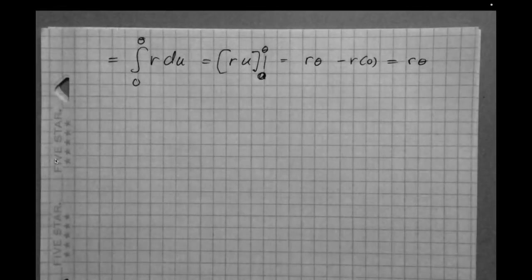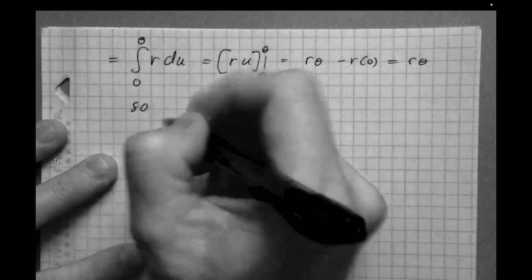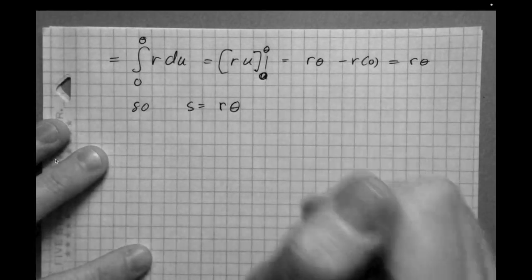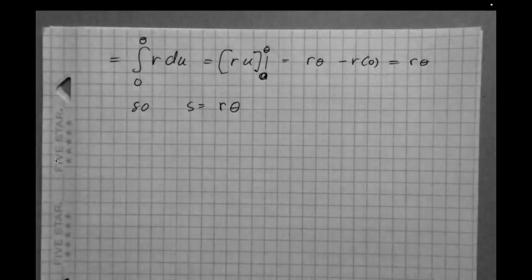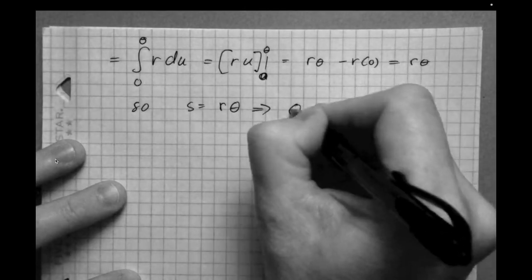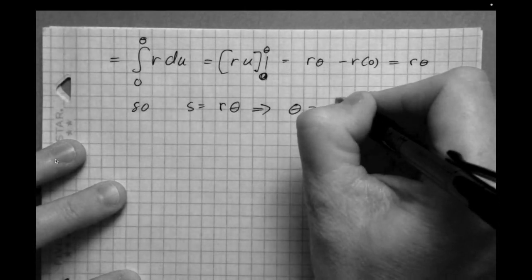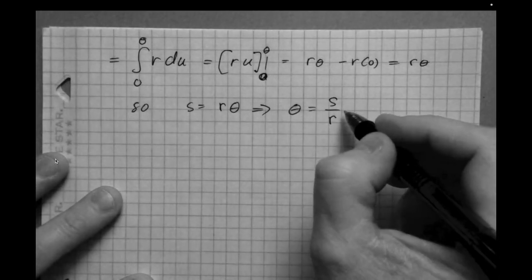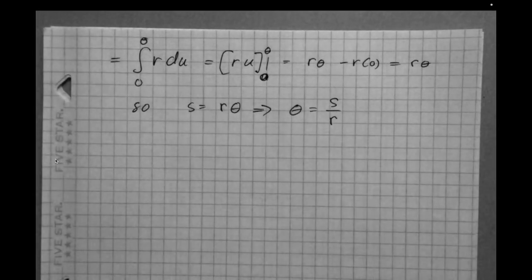So s is equal to r times theta, and that implies that theta is equal to s over r. This is how we can parameterize.